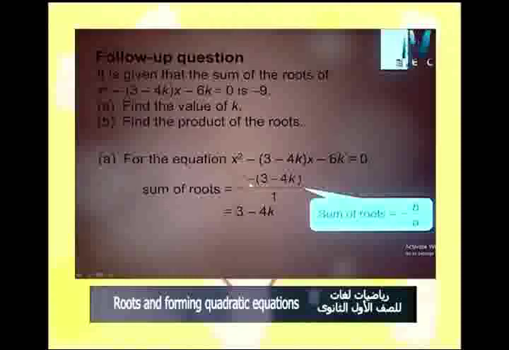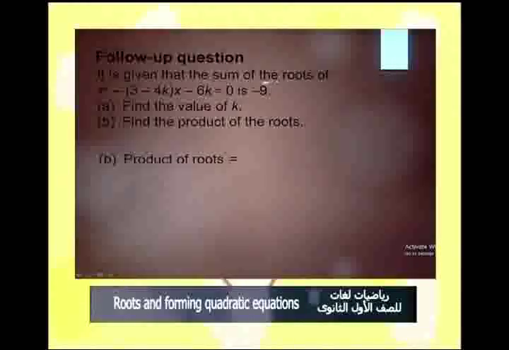Negative times 3 equals negative 3, negative times negative 4 equals positive 4, but we multiplied them by negative to have 3 minus 4k. Yes, negative 9 equals 3 minus 4k, because we have here negative 9, the sum of the two roots. Solving the equation, we will get that k equals 3.